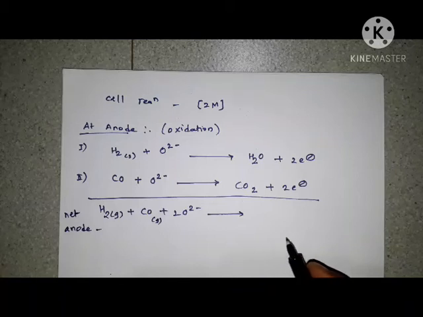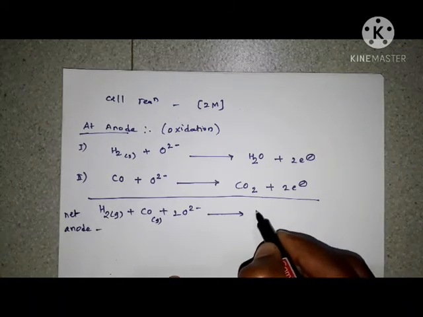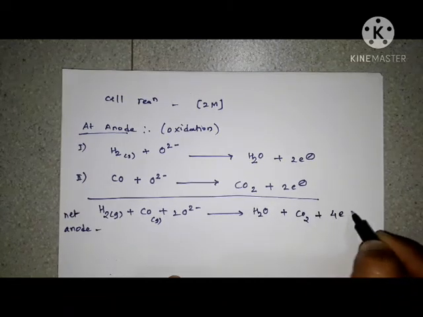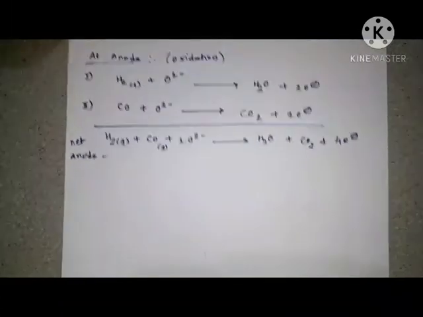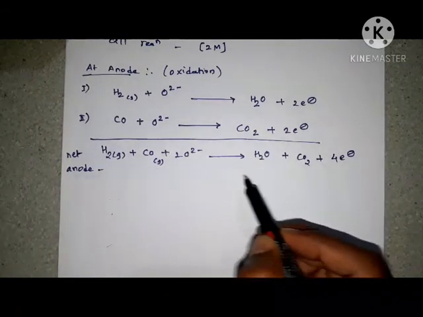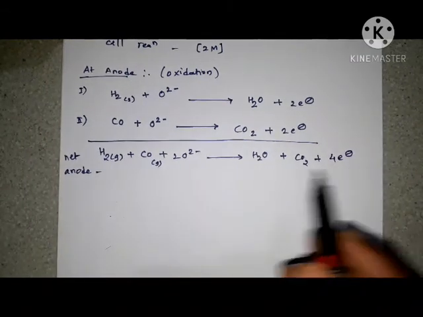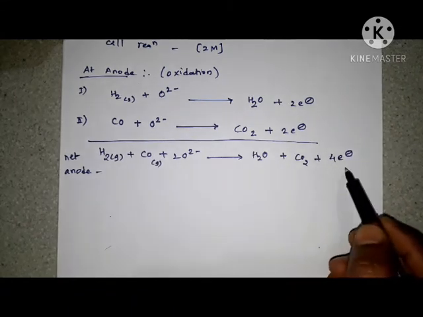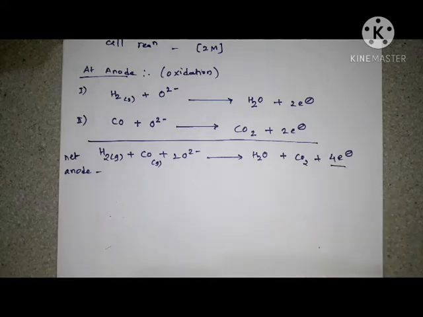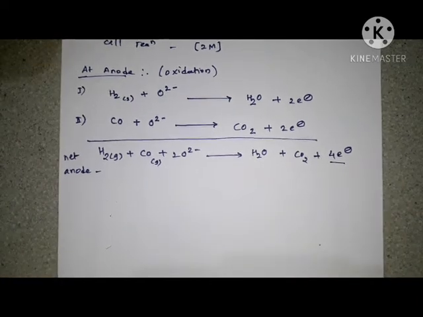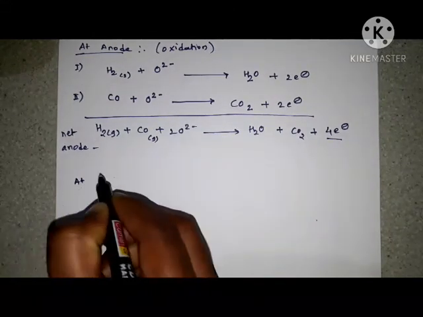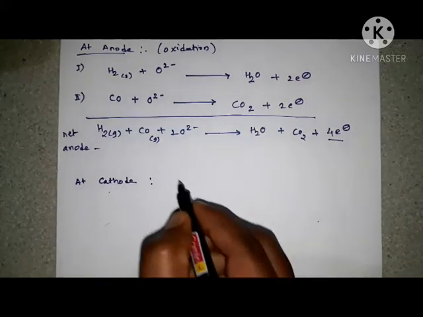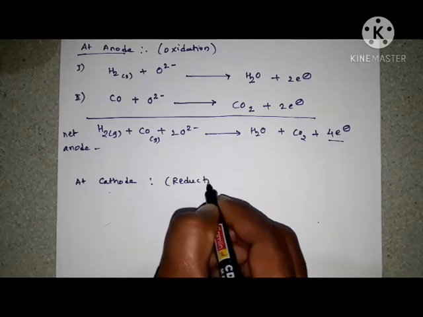And at the right side the remaining part is H2O plus CO2 plus 4 electrons. So at the anode the overall oxidation process is H2 plus CO plus 2O2 minus gives H2O plus CO2 plus 4 electrons. Then at the cathode the remaining half reaction occurs, that is reduction.